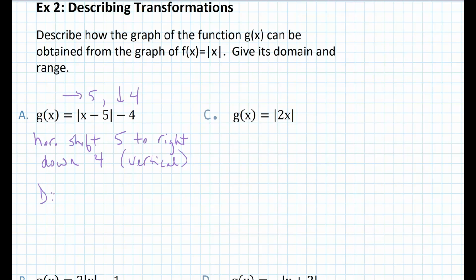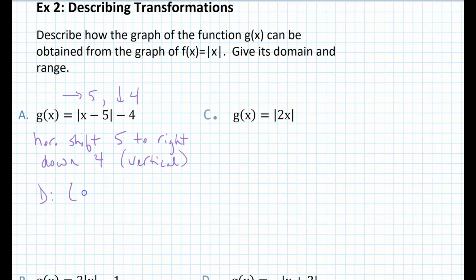Range. So how about the domain? Is there any restriction? Couldn't it also only go in one direction forever? Well, if it's on its side, it's not an absolute value anymore. So yes, it's all real numbers.